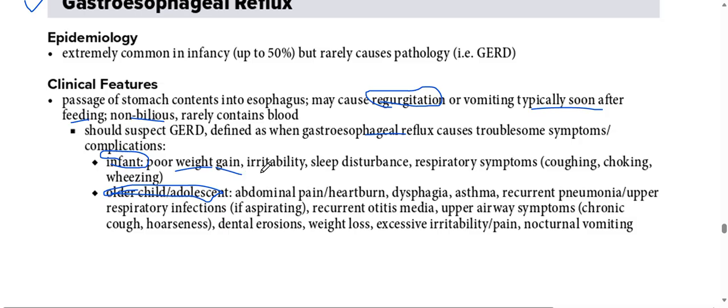There will be irritability, sleep disturbance, and respiratory symptoms like coughing, choking and wheezing. In the older child there may be tummy pain, heartburn, difficulty in swallowing, asthma-like symptoms, and upper respiratory tract infections. If there is aspiration of fluids, it can lead to aspiration pneumonia.